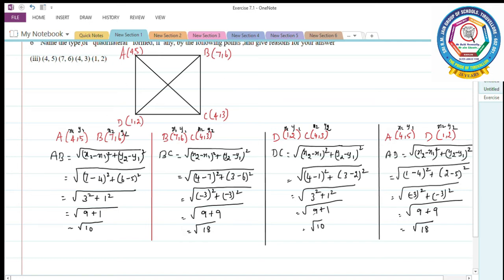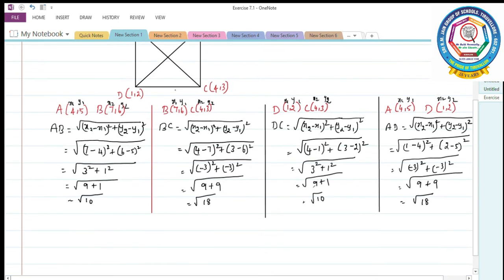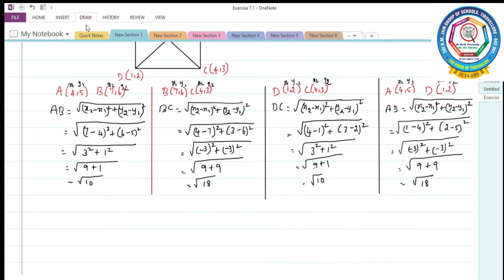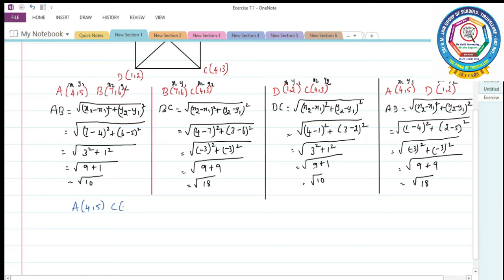Then one more, we have to find the distance of the diagonals AC and BD also. Therefore, the distance between AC. So what is the A coordinate? A of (4, 5) and C of (4, 3). The distance formula: AC is equal to square root of (x2 minus x1) the whole square plus (y2 minus y1) the whole square. This is x1, y1, this is x2, y2.